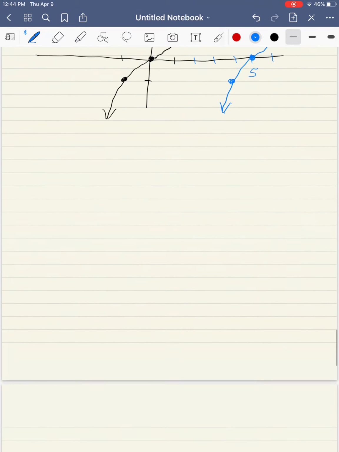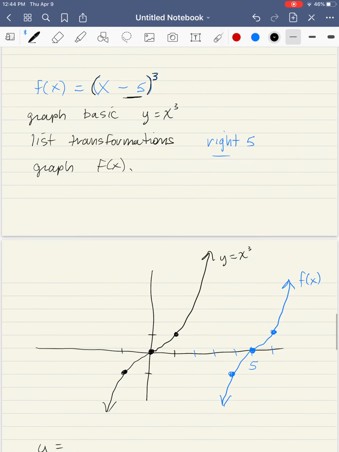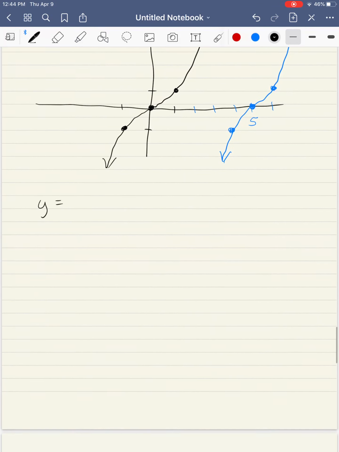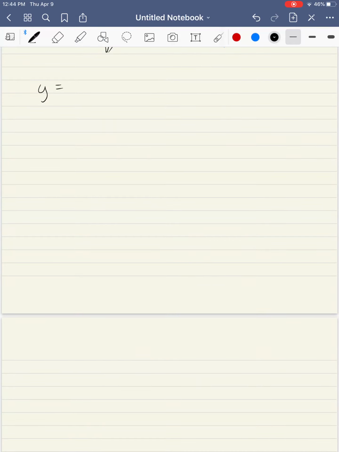Okay, let's try one now where we have more than one transformation. Let's say that we have the function y equals, and I don't know if you're noticing here, I'm using g of x, f of x, y. It doesn't really matter what we call the function, our process will be the same in each case.